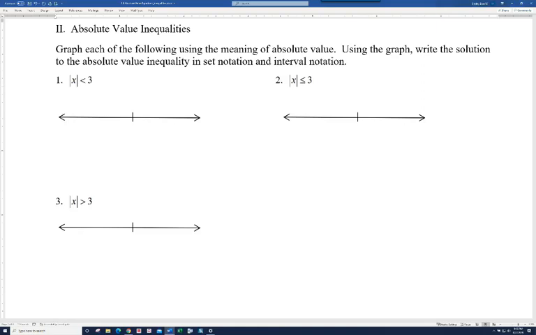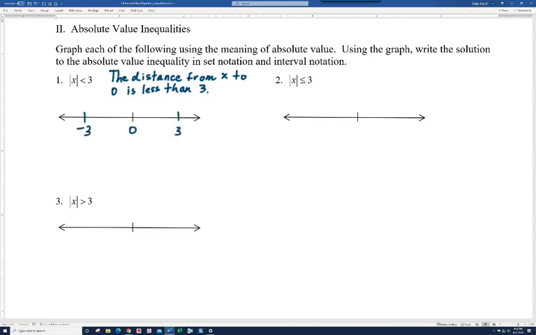But remember, absolute value is distance from 0 on the number line. And so what does this really mean here when we have the absolute value of x is less than 3? That means the distance from x to 0 on the number line is less than 3. The distance from x to 0 is less than 3.